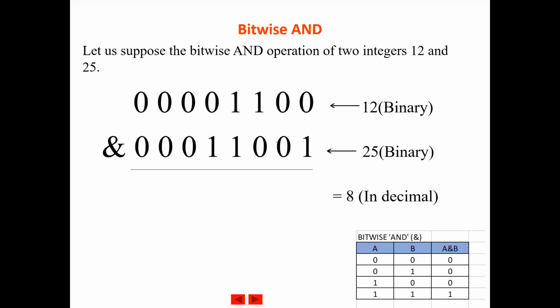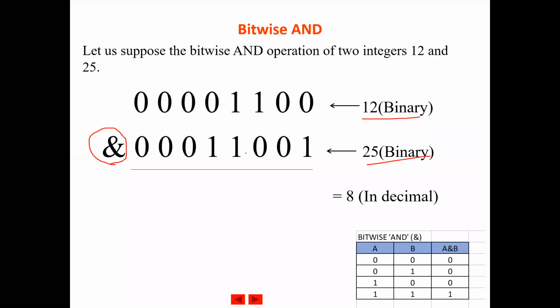We have seen it from the table, and you know how to convert from decimal to binary. And we are doing the bitwise AND operation of 12 and 25. Both are represented in 8 bits, and we are going to perform the bitwise AND. So tell me what will be the answer, all are ready, right?